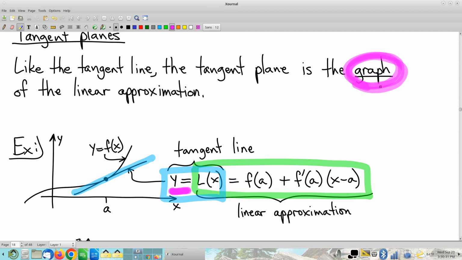I don't quite understand. So we start with the linear approximation, right? Now we're going to set that equal to a new variable y in order to draw the graph, and that gives a very specific line that is the graph. They're just completely different kinds of objects, right?